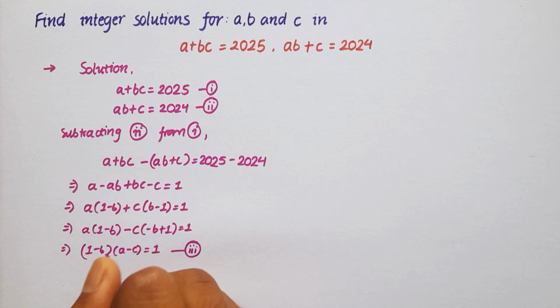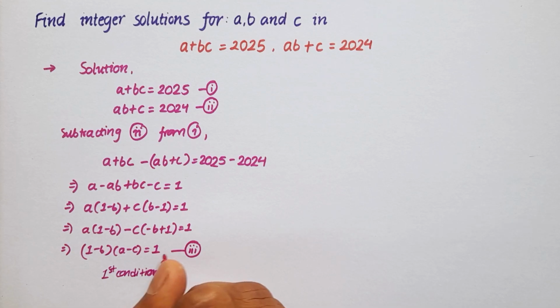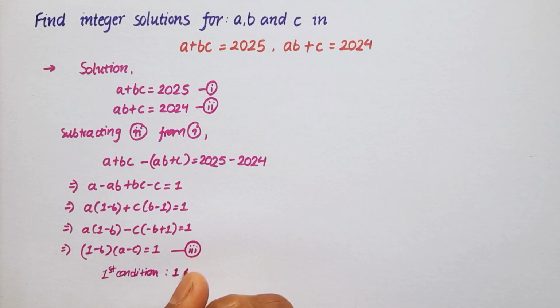That is the first condition. To obtain 1 on the right part, I will have to have 1 multiplied by 1 on the left part. This is the first condition.